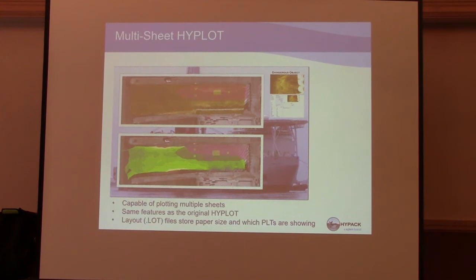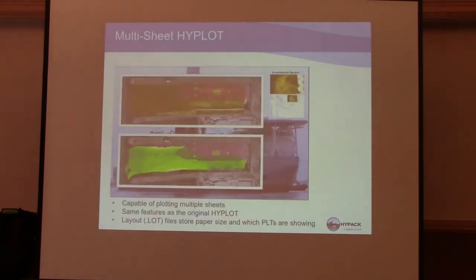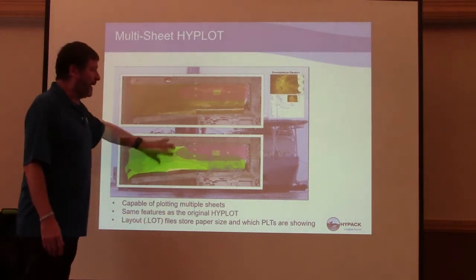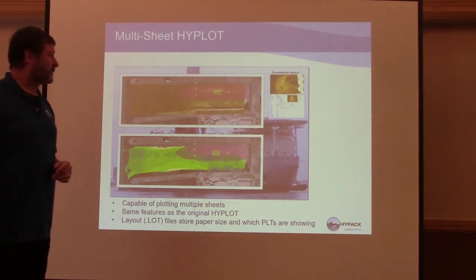Okay. Now the multi-sheet HYPACK, again, works a little bit differently. Essentially what you're doing is initially creating a layout, which is going to be your main sheet size. So you specify that first, and then you create individual plotting sheets for the area, as we showed in the plotting sheet editor right on the main HYPACK screen.